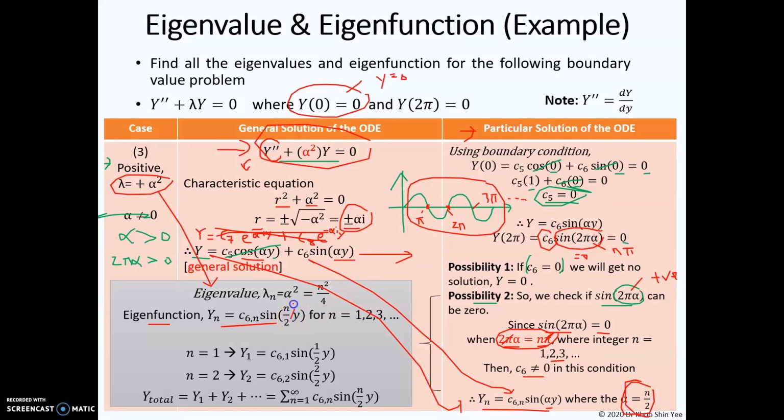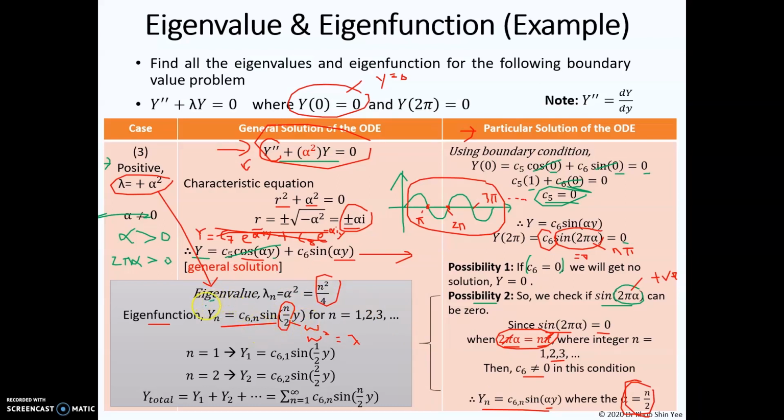You can also obtain the eigenvalue from here as well, where this is your frequency. Take the square root of it, you obtain the lambda, which is the eigenvalue. Take the square of n divided by 2 here, you obtain the same answer for the eigenvalue.